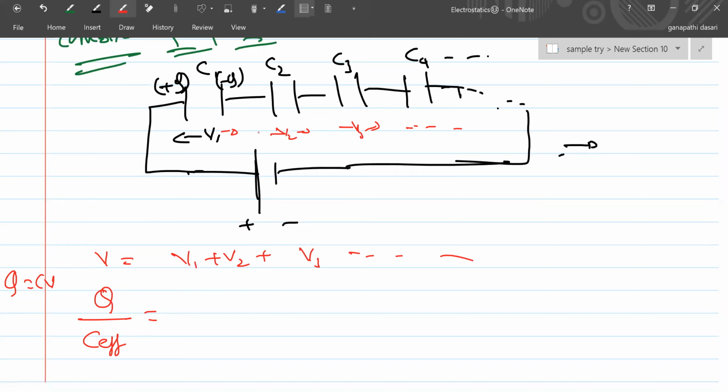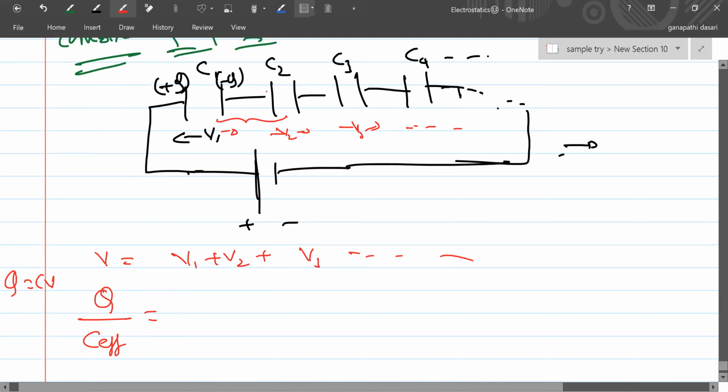Here you see there is no connection for this material with the other plates. Suppose it is completely neutral, because there's no initial charge between this plate to supply charge. Charge can be supplied from here, higher potential. So positive charge will go and will be connected to this plate.